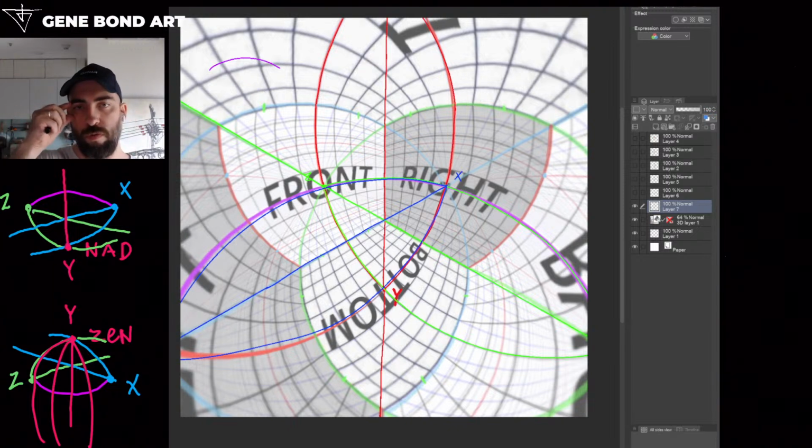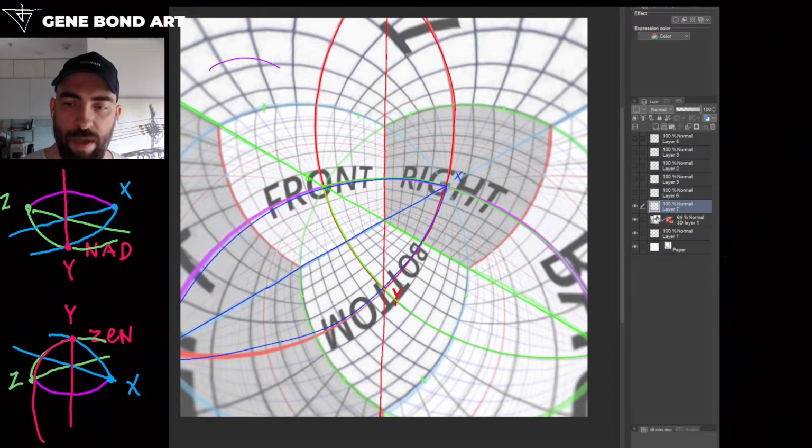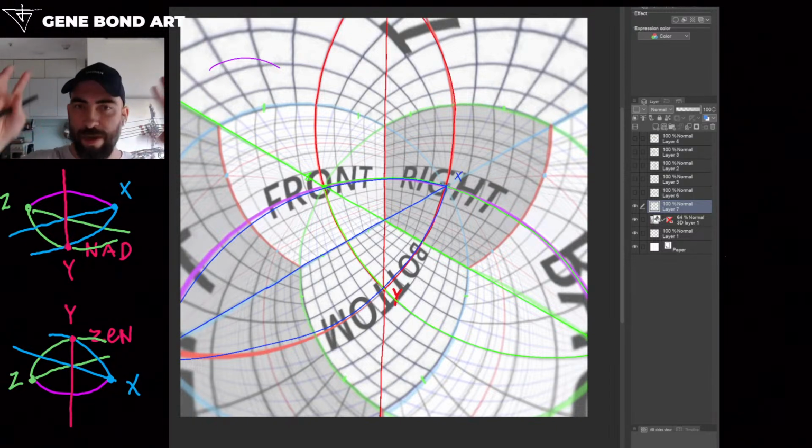Sequence helps you maintain the proper relationship of these elements. And I spend a lot of time, you see, just exploring it. Sometimes it's just like, what the hell? Am I losing my mind?